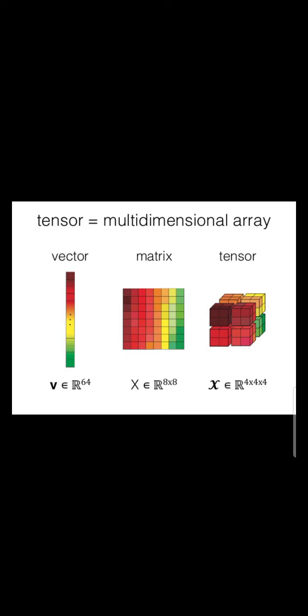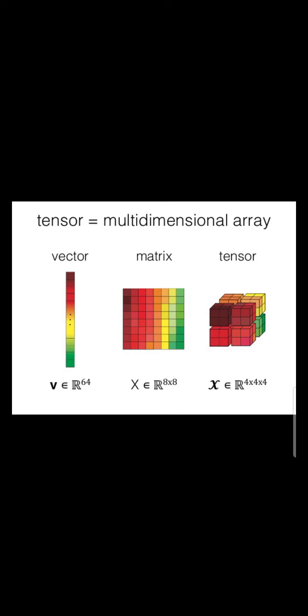Tensor is a multi-dimensional array, just like a vector. If we observe this vector in R^64, n dimension, and the matrix also 64. This single form of the vector is transformed by using some function, and we get the matrix of 8 by 8 dimension, just like in the second figure.